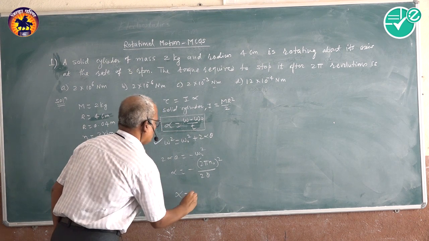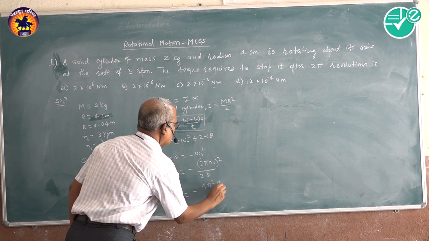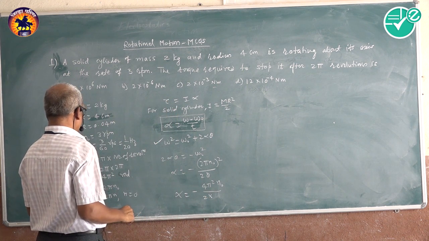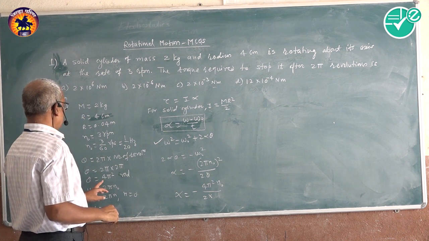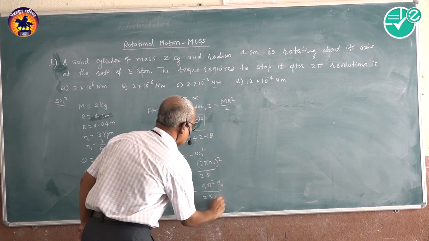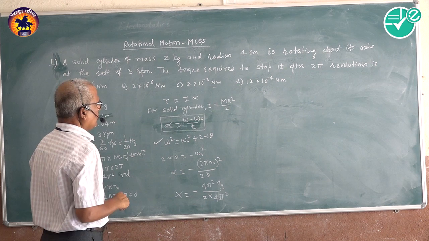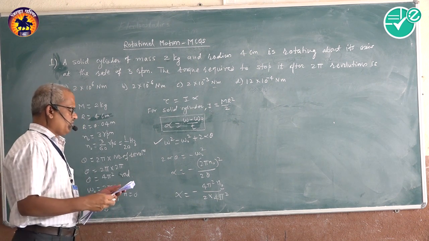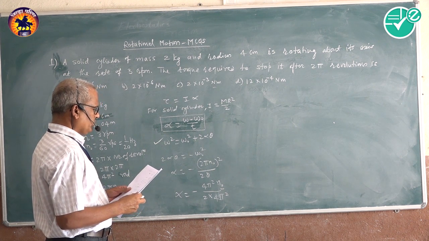So alpha is equal to minus 4 pi square n0 square upon 2 into theta, where theta is 4 pi square.